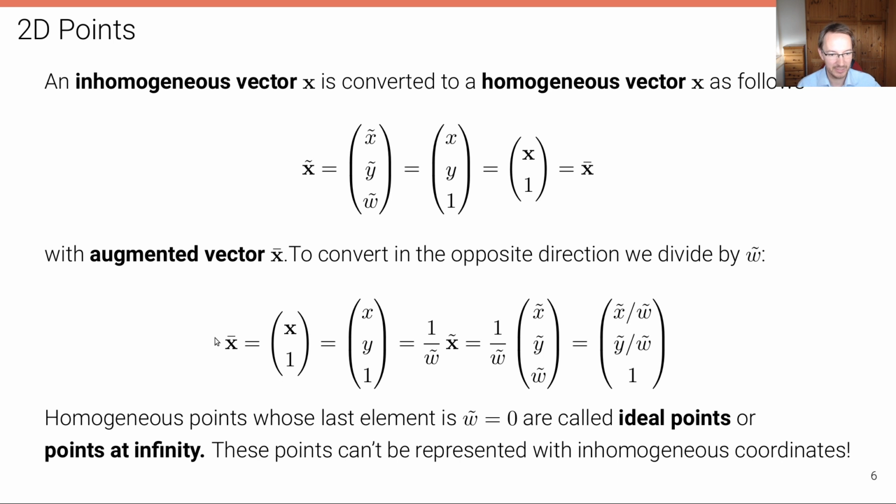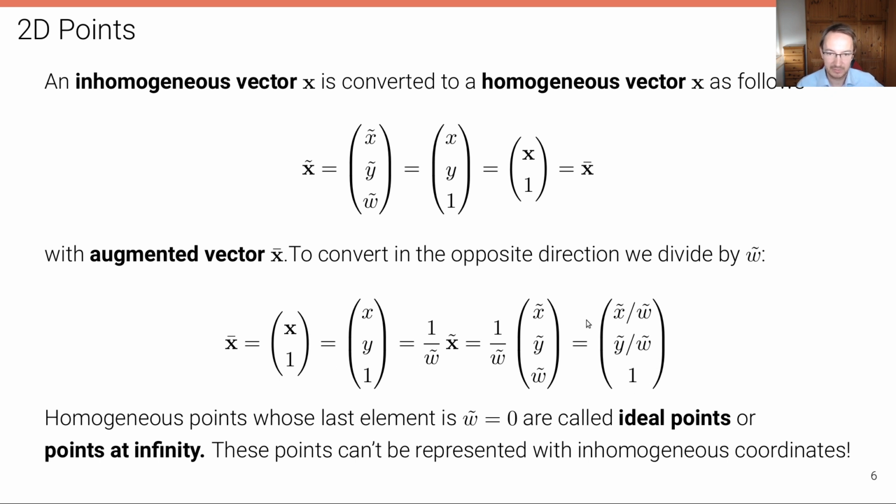So here's an example. We have a homogeneous vector x tilde with the last element w tilde, and we divide this by w tilde. So we get x tilde over w tilde and y tilde over w tilde and w tilde over w tilde, which is 1 as the last element.